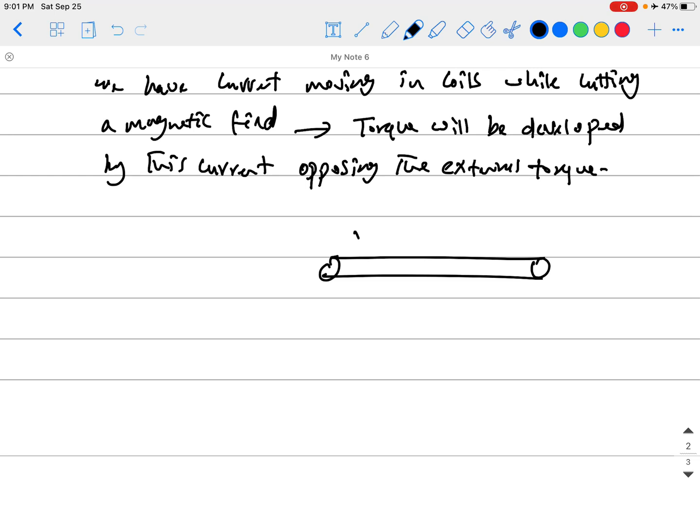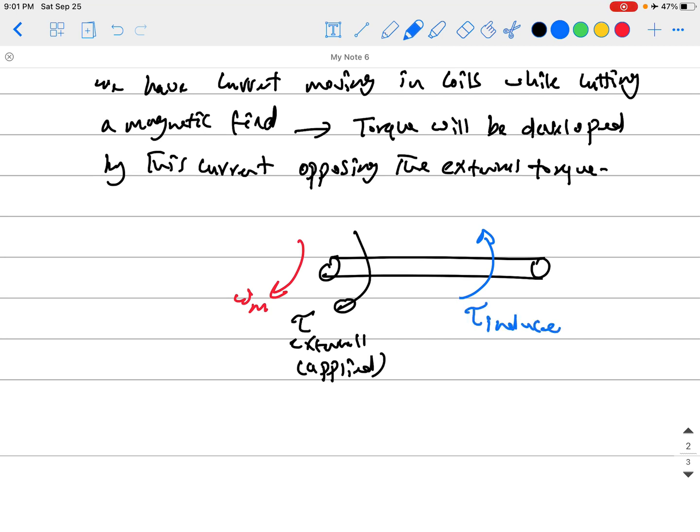So if you apply the external or applied torque, it's trying to go that way, and that means the speed of the machine will be trying to go this way. The internal induced torque will be trying to go in the other direction, torque induced.